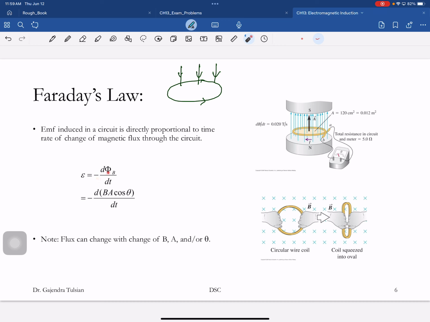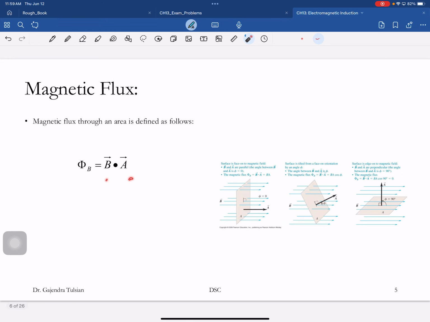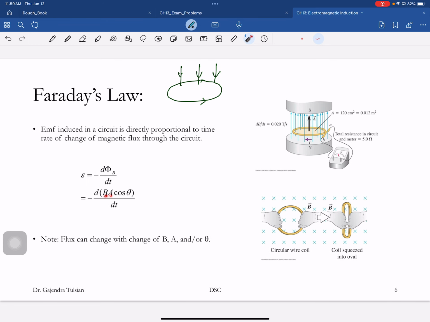All right, now the flux you saw was B dot A, it's equal to BA cosine theta, and then d/dt, the time rate of change of that. Now, if you want to induce this EMF, it turns out that you can generalize this. We started off talking about changing magnetic fields. Now you could do the following.